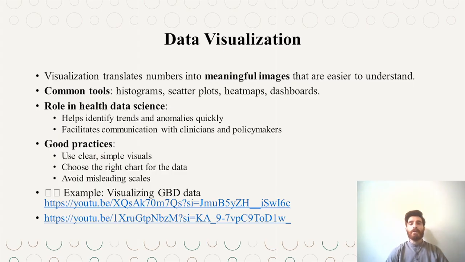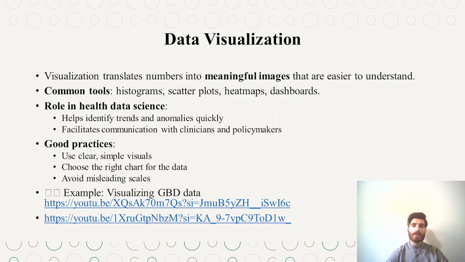So after the data analysis, another basic stage in health data science is data visualization. How can we convert our data into visuals? Visualization translates numbers into meaningful images that are easier to understand.